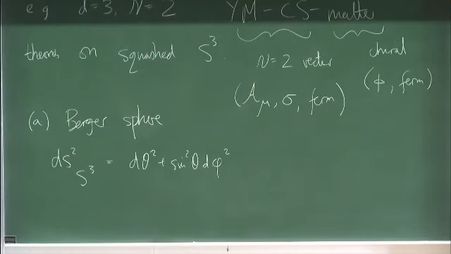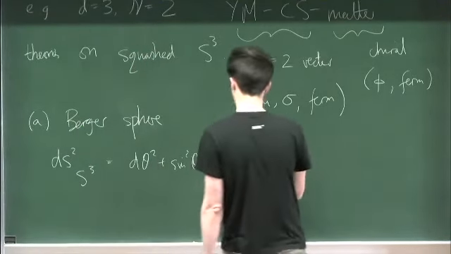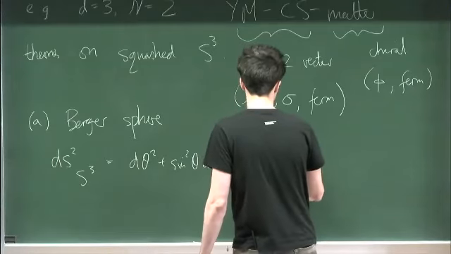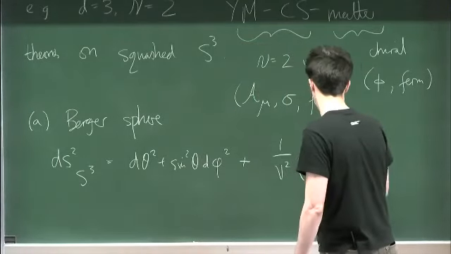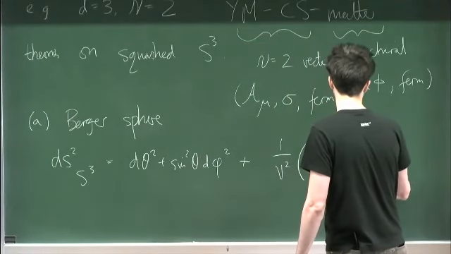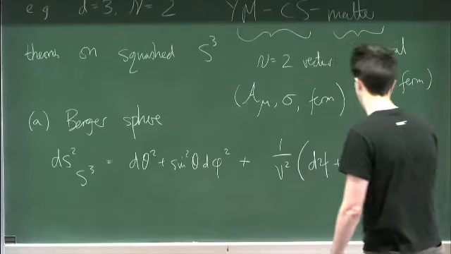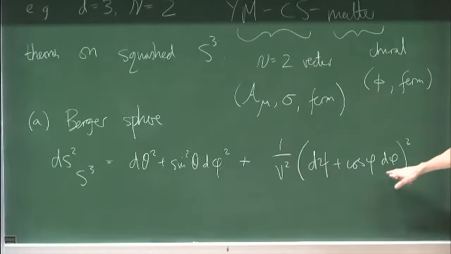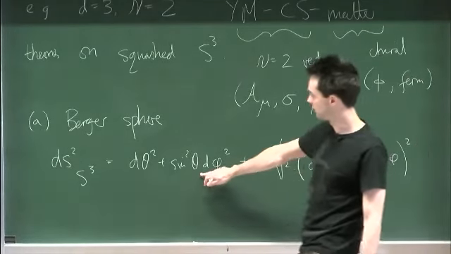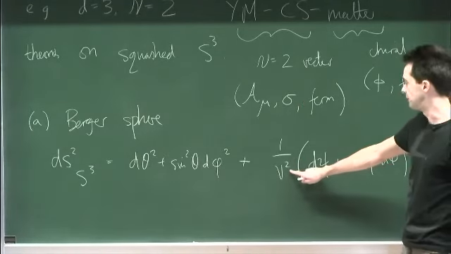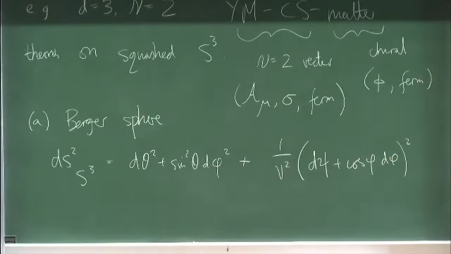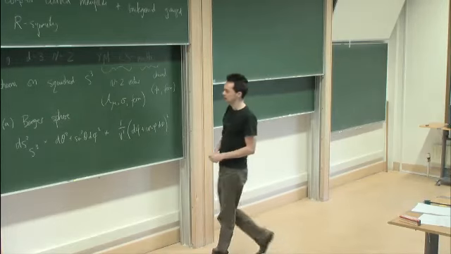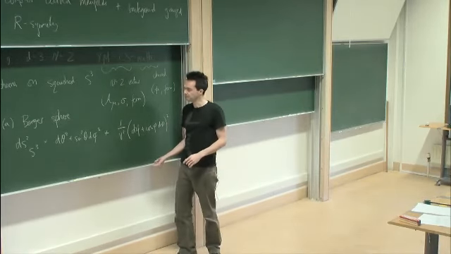That's a metric on S^2. Theta and phi are the usual coordinates on S^2. And I view S^3 as a Hopf fibration over S^2. So this is a connection on the Hopf fiber of S^3 viewed as a fibration over S^2. And v here is a parameter. It will be the squashing parameter. The round metric is v equals 1.